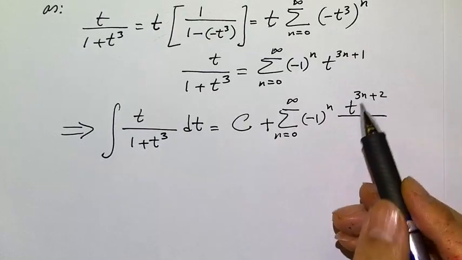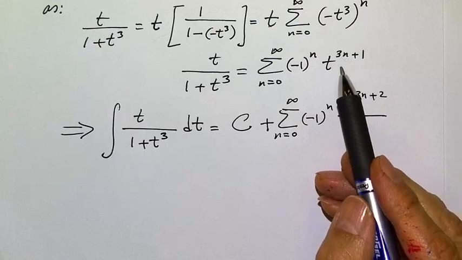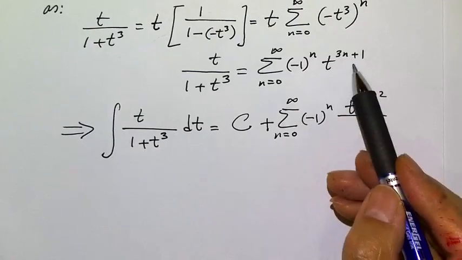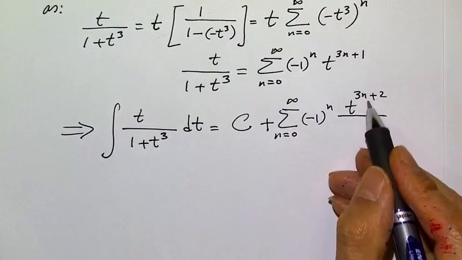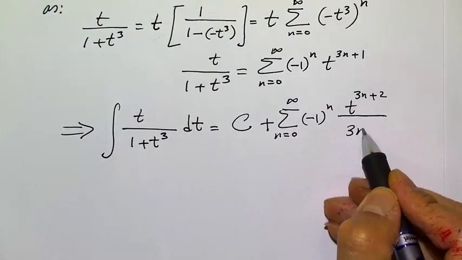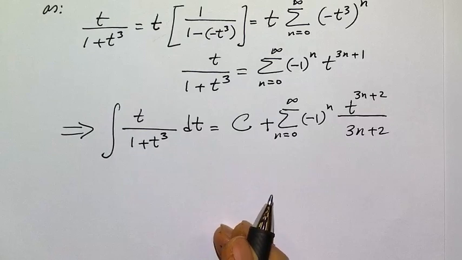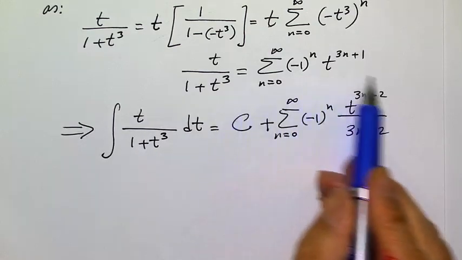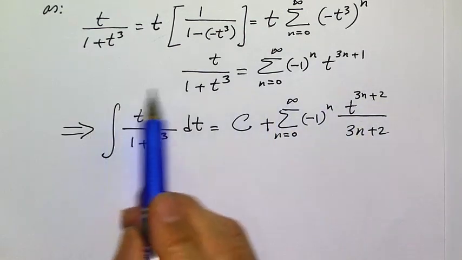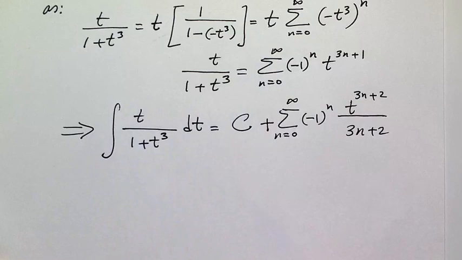Right? This is how we would integrate x to a power: add 1 to the power, divide by the new power. So this is what we're doing. The new power is that, divide this by the new power. So there we have it. This is the power series. This whole right side represents this indefinite integral.